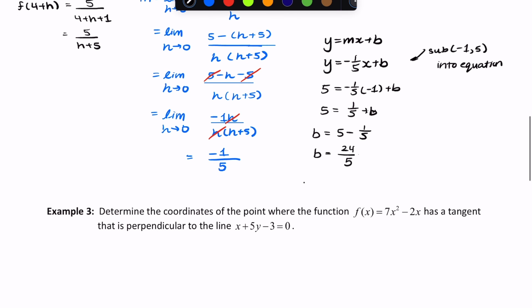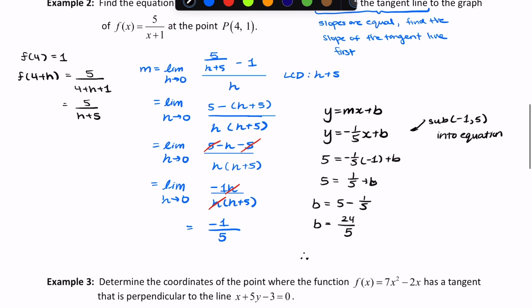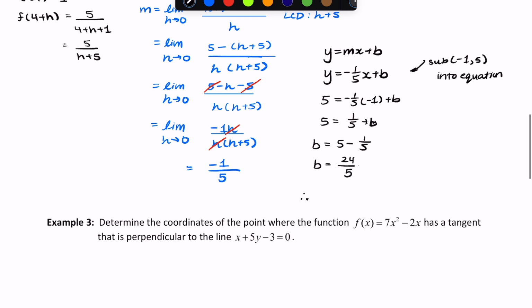And therefore, we can write that the equation of this line parallel to the tangent line will be y is equal to -1 over 5 x plus 24 over 5.